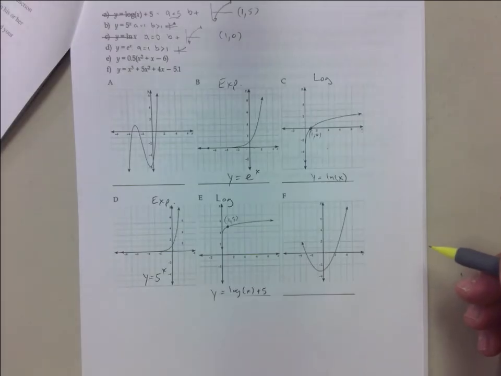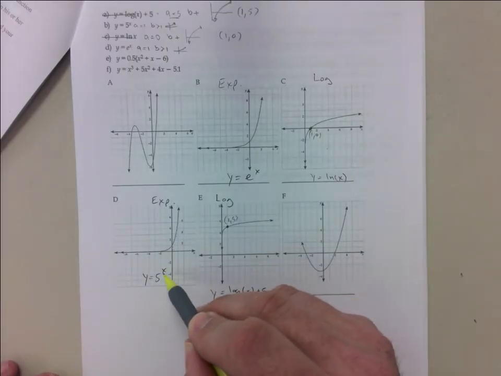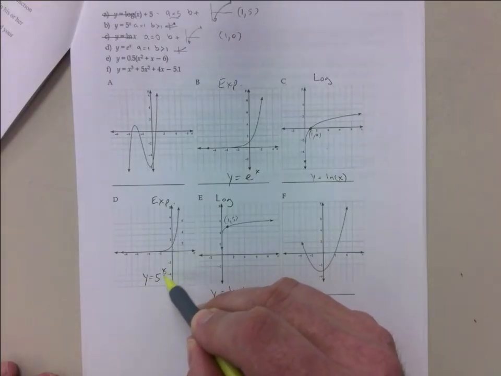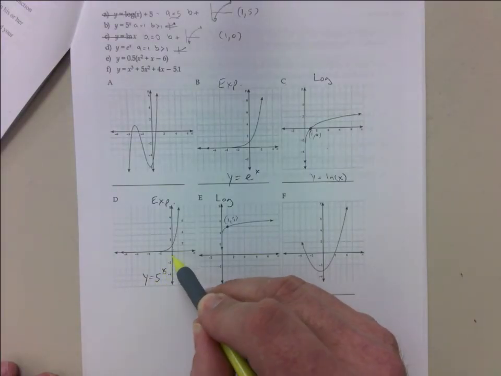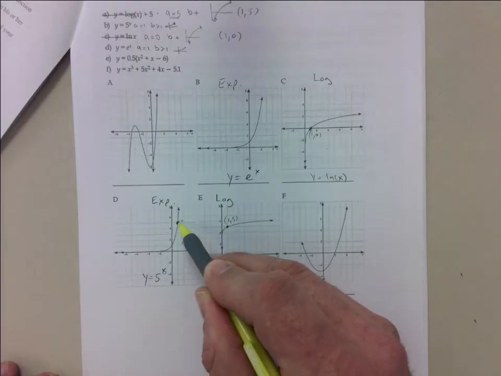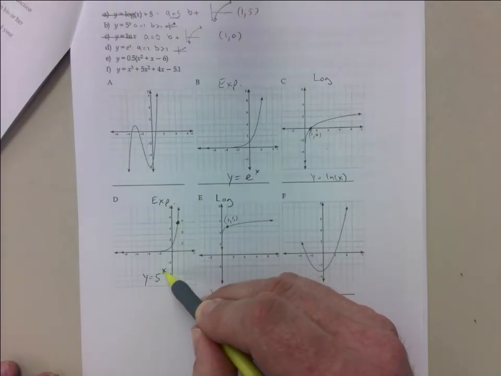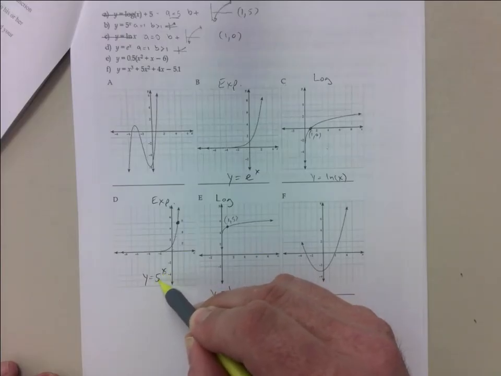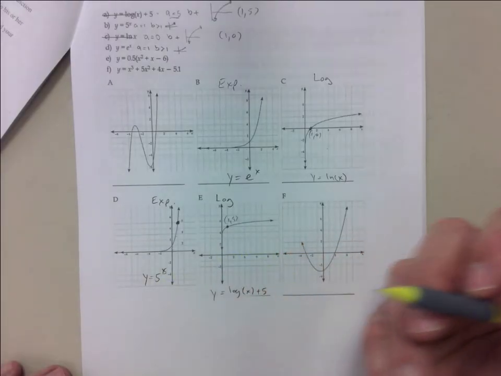One more. How could you have done it differently? When x is equal to 1, what's 5 to the power of 1? 5, right? So you could have put a 1 in there, and then you know that when x is equal to 1, y is equal to 5. That's another way of doing it.